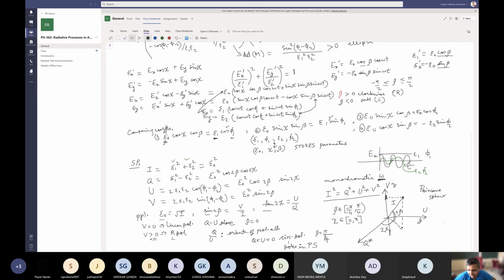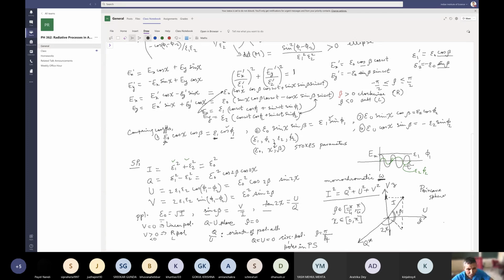Similarly, Q is I cos 2 beta cos 2 chi, and U is I cos 2 beta sine 2 chi. So this is called the Poincare sphere.